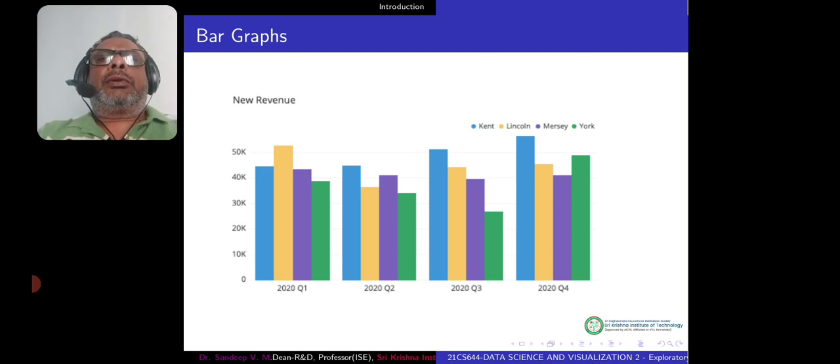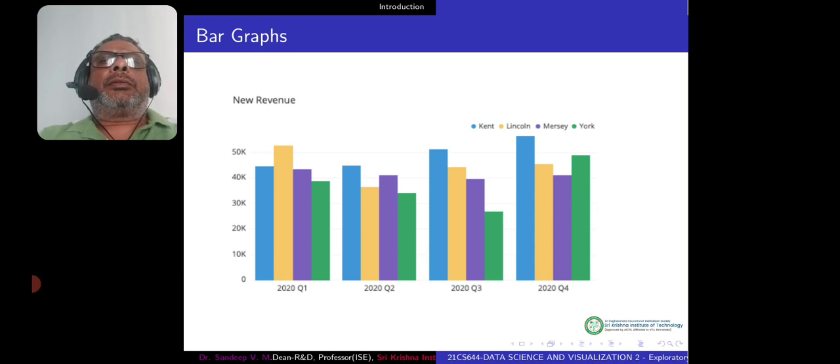When we have data, the data may have multiple rows and multiple columns. We can represent these rows and columns with a bar graph. Say we have three, four columns.